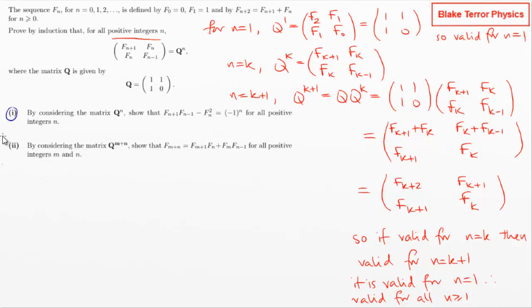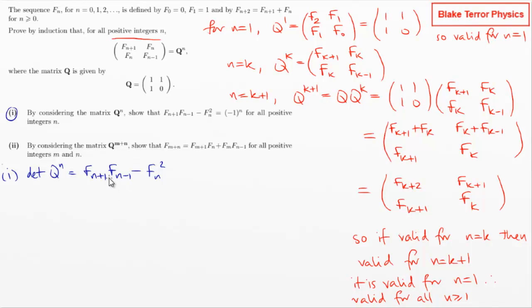So by considering the matrix Q to the n, show that F_{n+1}F_{n-1} minus F_n squared is equal to that. So that's the determinant of that matrix. So we've got the determinant of Q to the power n is equal to F_{n+1}F_{n-1} minus F_n squared.